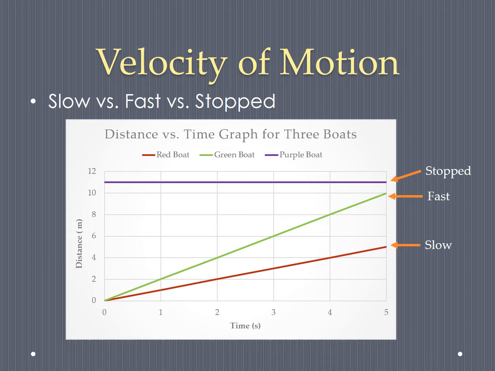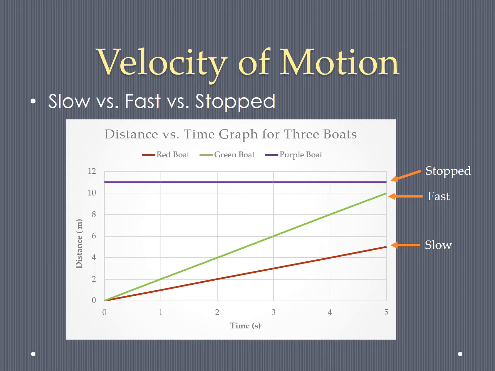Let's now look at how we can use distance time trend lines to tell us something about the velocity of an object. Here we have trend lines that represent a red boat, a green boat, and a purple boat. Both the red boat and the green boat are starting out at the same spot at a distance of 0 meters.